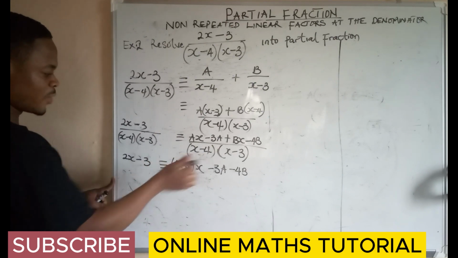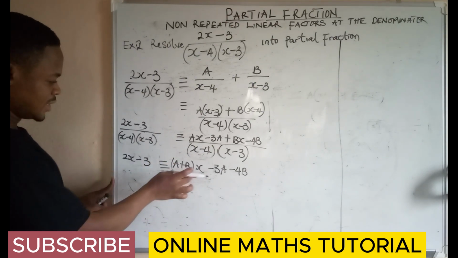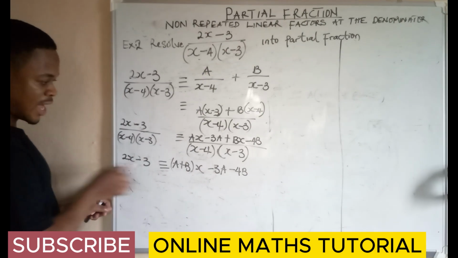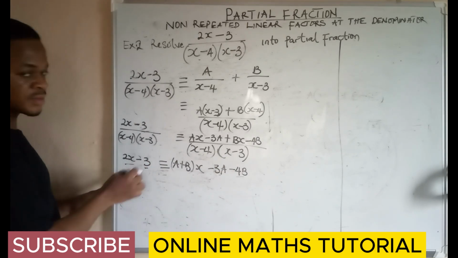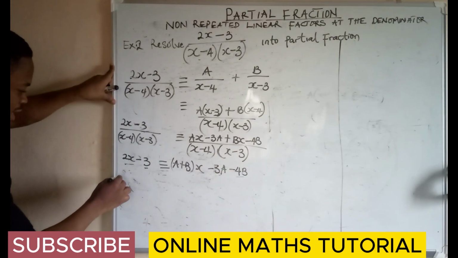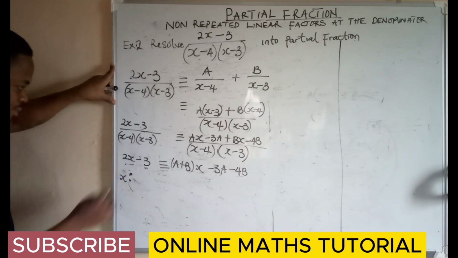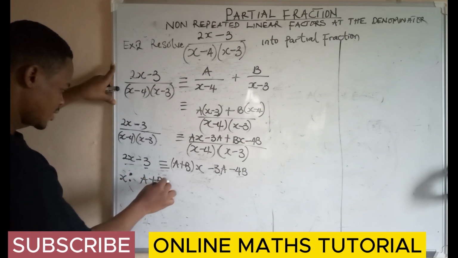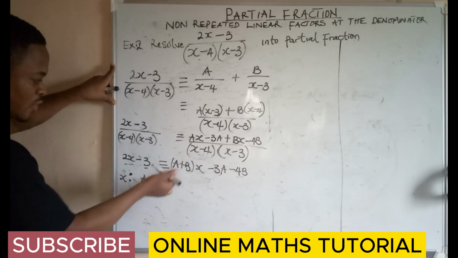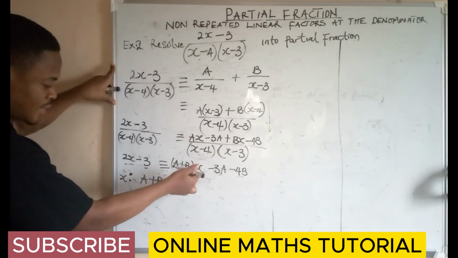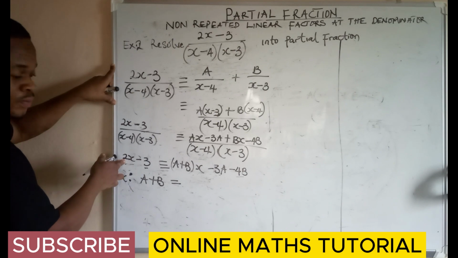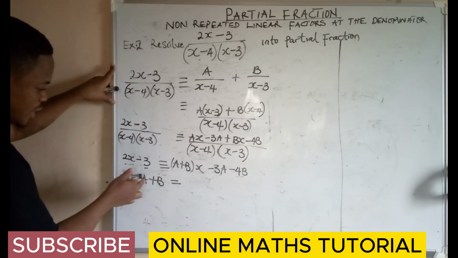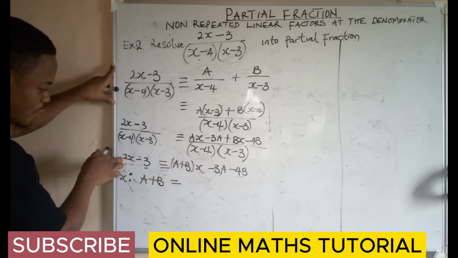Since they are equivalent, this means the ones with x are equivalent to this, and the ones without x are equivalent to this. So for the variable x, A plus B is the coefficient of x here, and the coefficient of x here is 2.